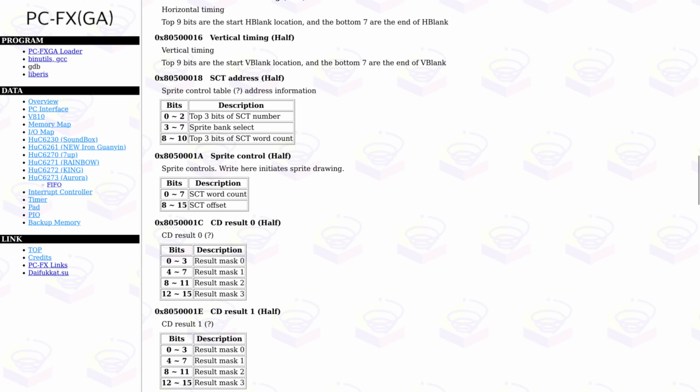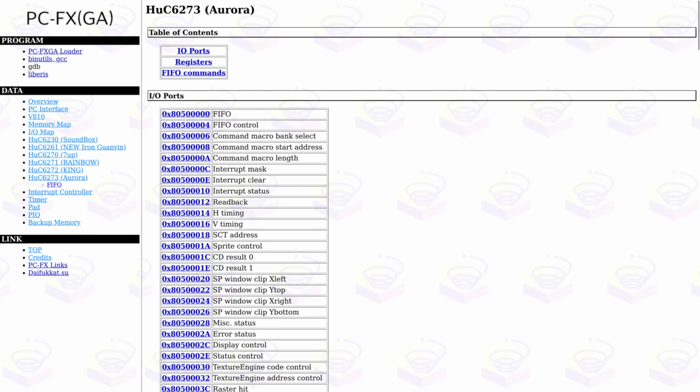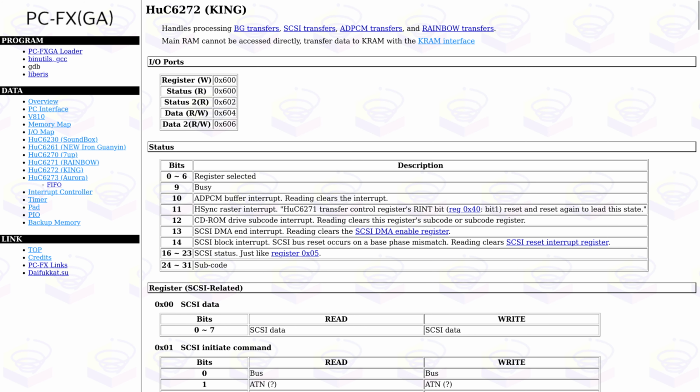It does a lot more stuff that did not get into the PC-FX, of course. This was only done on the PC-FX GA, but still, this chip alone is quite a bit more complex than even, besides maybe the CPU, but yeah, it does more than King.